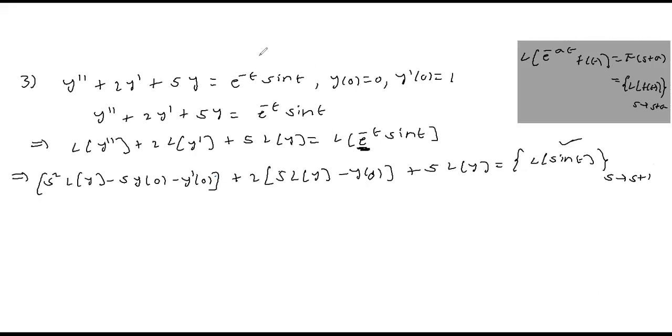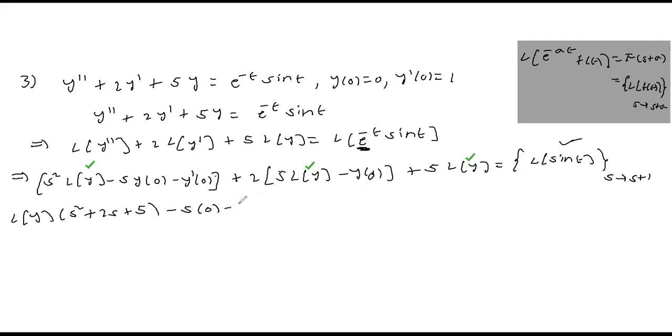So now wherever L of y is there, you take L of y common and simplify further. So if I take L of y common, what do I get? S square plus 2s plus 5, minus s into y of 0, which is 0.